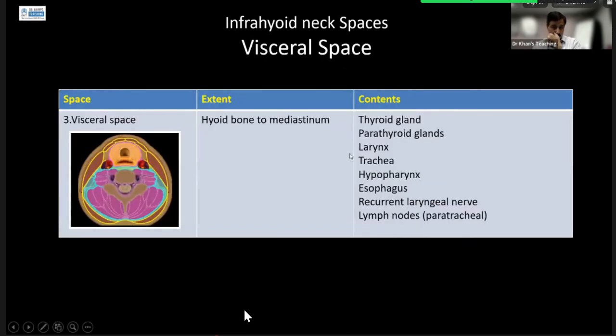So if you see here, the visceral space rises from the hyoid bone to the mediastinum. And it has got thyroid gland, parathyroid gland, larynx, trachea, hypopharynx, esophagus, recurrent laryngeal nerve, and lymph nodes.